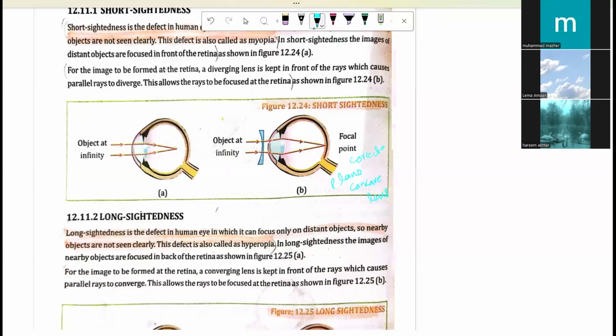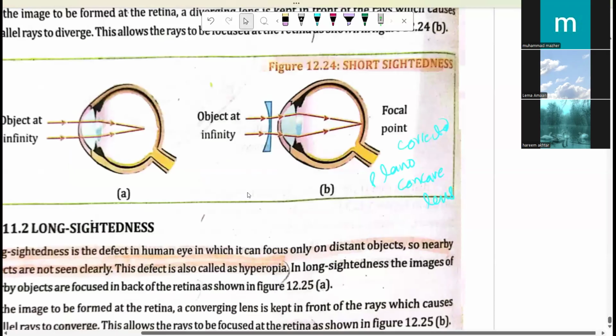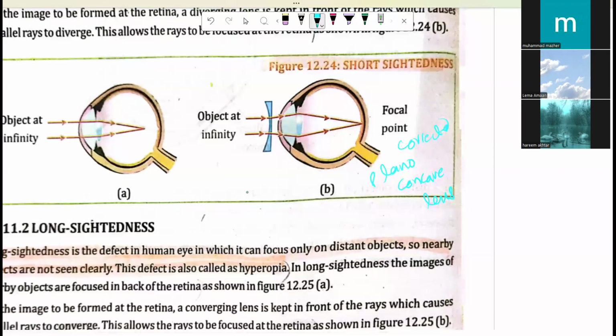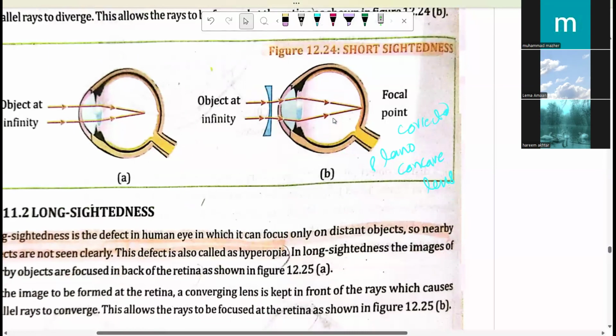Corrected. Now you could see here divergence is happening, okay? The light source came, passed through the lens, and diverged. When it entered the concave lens, it converged again. You could see here divergent and convergent, because the one fitted in the eye is the convex lens.